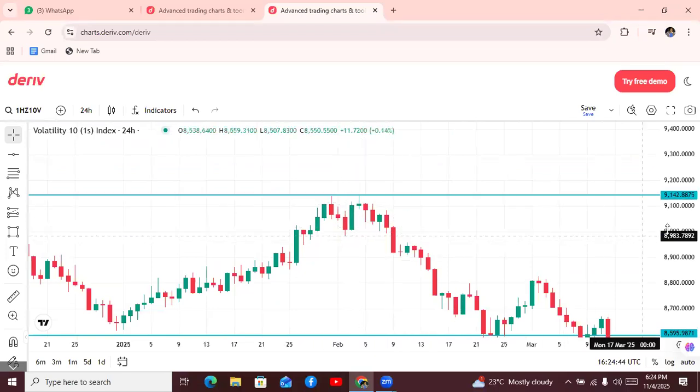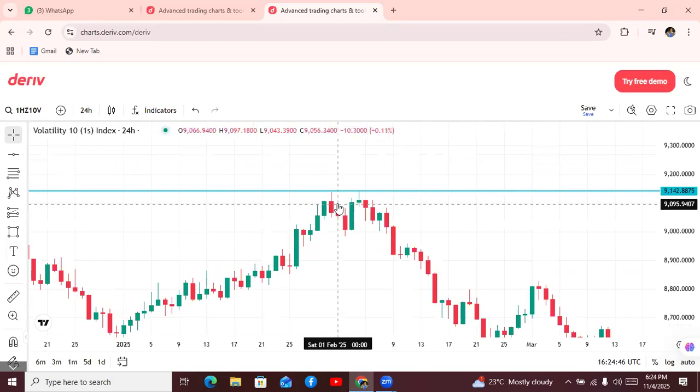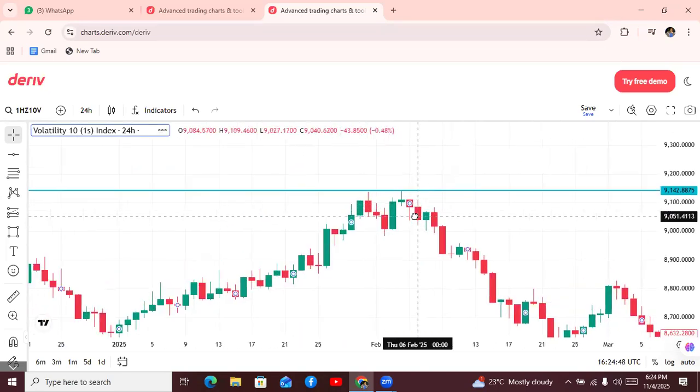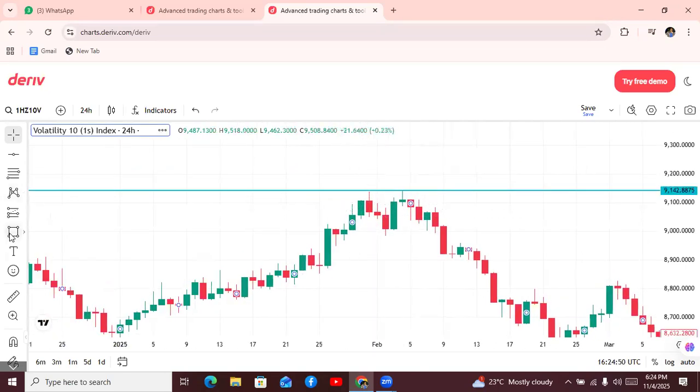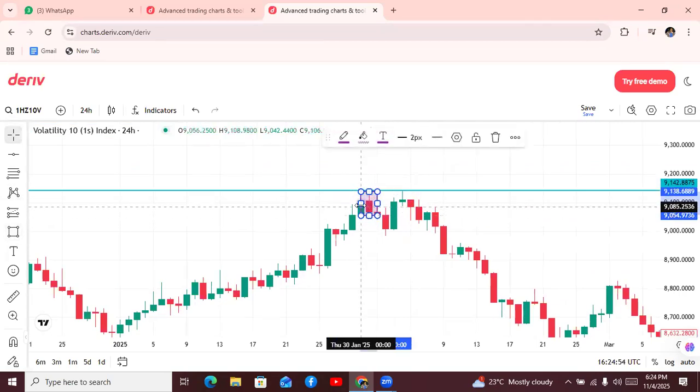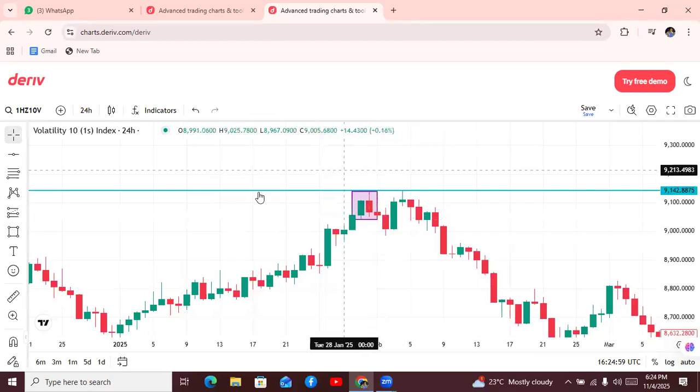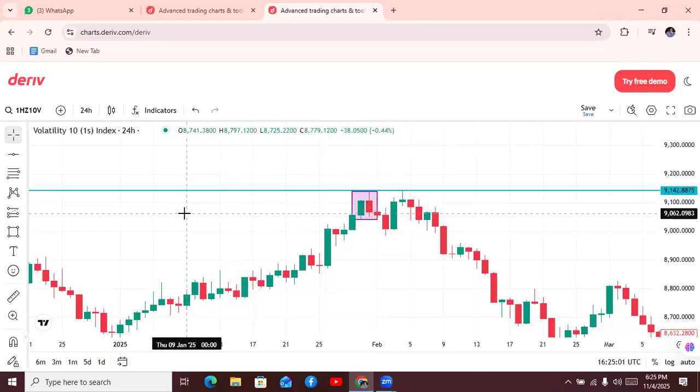So again, which candlesticks are we seeing? Let us start with this pattern. What is that candlestick pattern?